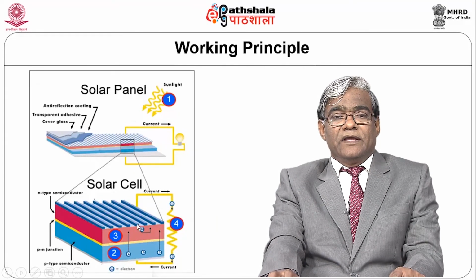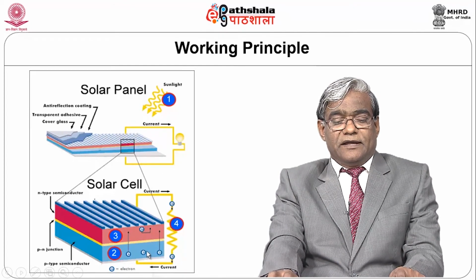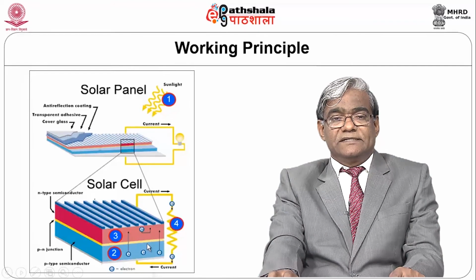Here is the p n junction, the n type and p type junction, and it gets connected with the load, and you get voltage and current, and the product of voltage and current is the power.